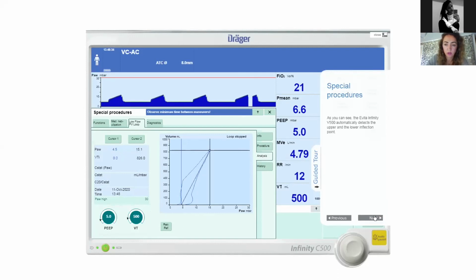There is the lower, there is the upper that we achieve, and he is having very good compliance and resistance of the lung, which is showing us that he is in very good condition, and maybe we can try to wean him from the ventilator. We'll close that.